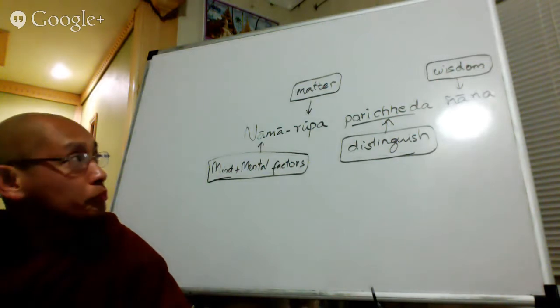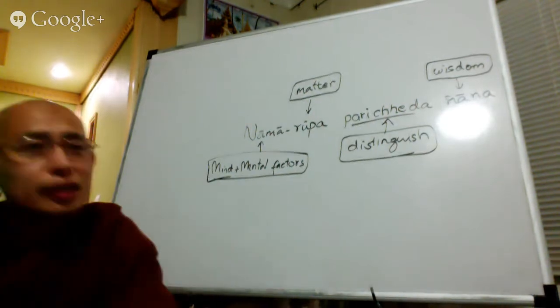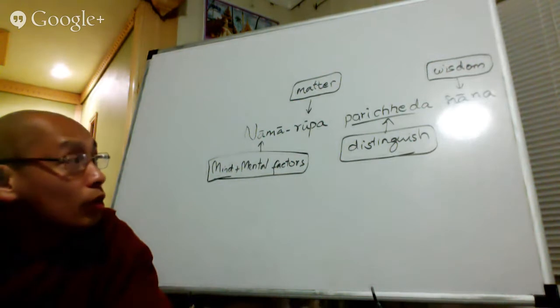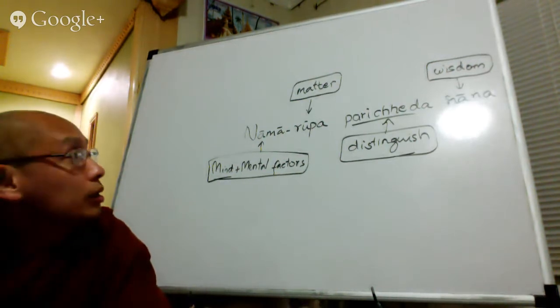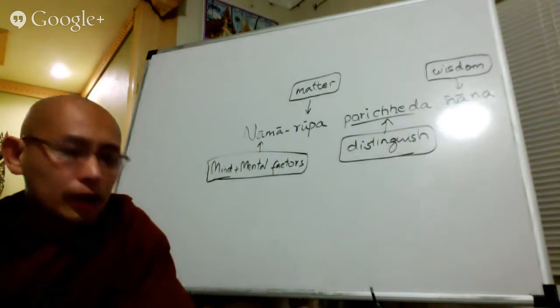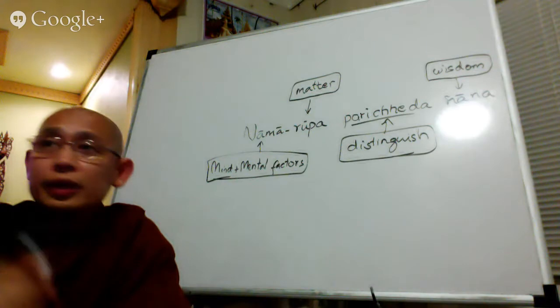So this one is a little bit higher than the basic wisdom, understanding the law of cause and effect. Okay? So without knowledge, with knowledge, you need to understand like this.